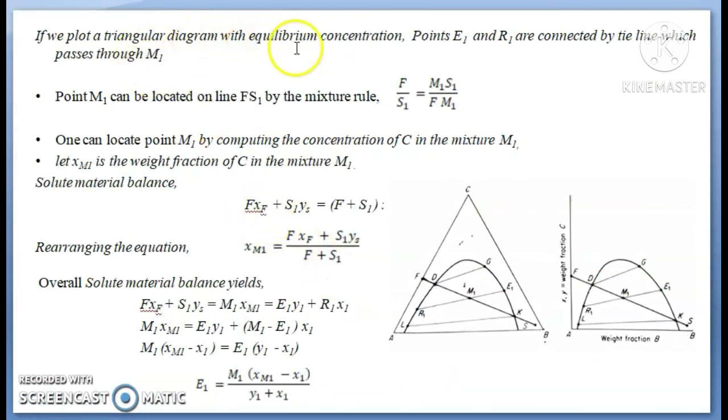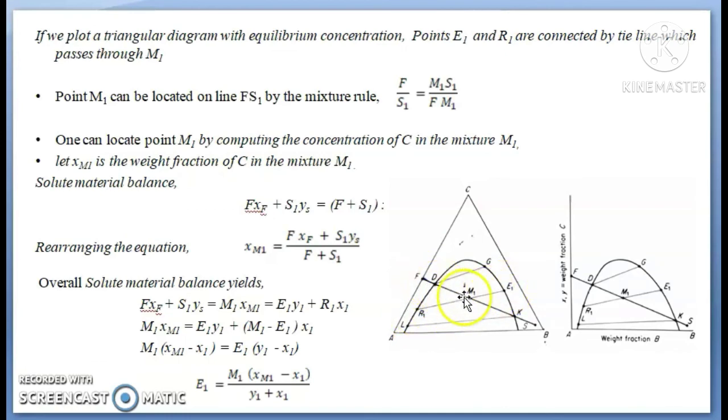If we plot a triangular diagram, which is required to indicate the equilibrium characteristics, the points E1 and R1 are connected by a tie line. Here the binodal solubility curve is plotted with the equilibrium characteristics for the given system. Now this point M1 lies on the line R1 E1.